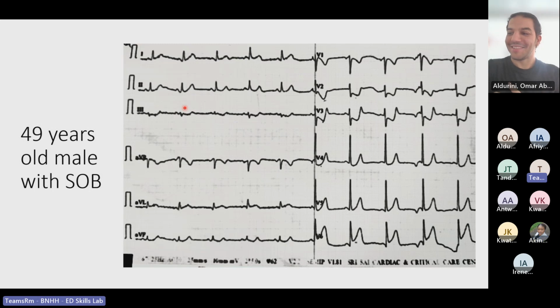Okay, let me see what I've learned so far, because I joined very late. For the sake of simplicity, we will try the chest leads only because the limb leads are a bit unclear on this slide. So you want me to talk about V1 to V6?